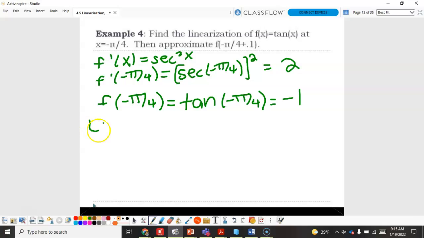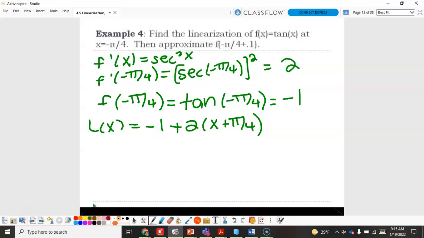So my L of x is equal to f of a, which is negative 1, plus f prime of a, which is 2, times x minus a, which is negative pi over 4.